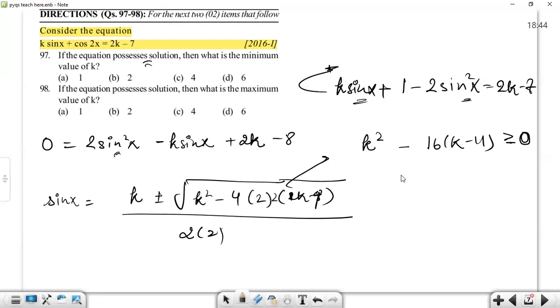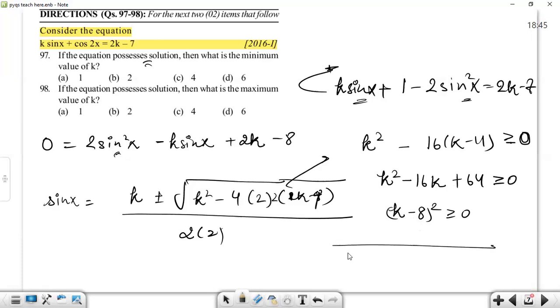Let's rewrite it as k square minus 16k plus 64 greater than or equal to 0. I can see that it is k minus 8 whole square. Are you with me? Yes, sir.